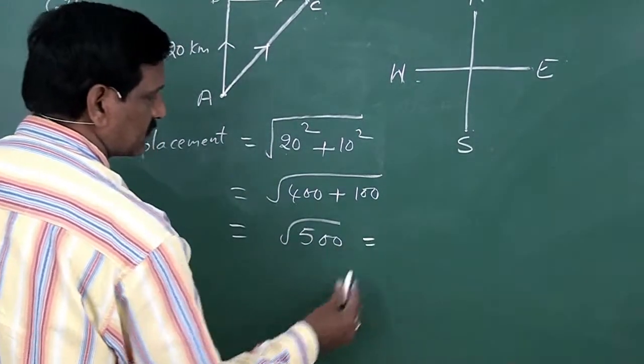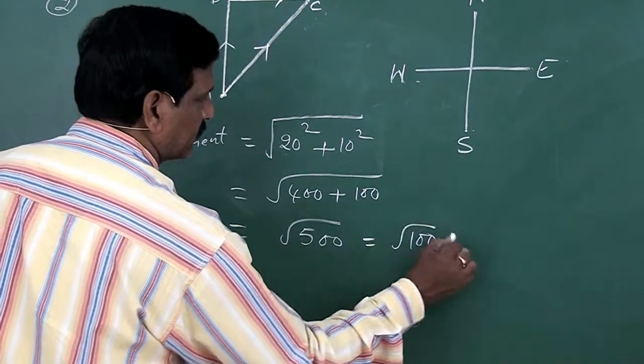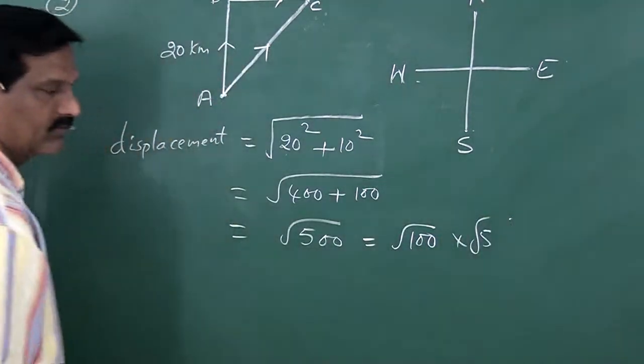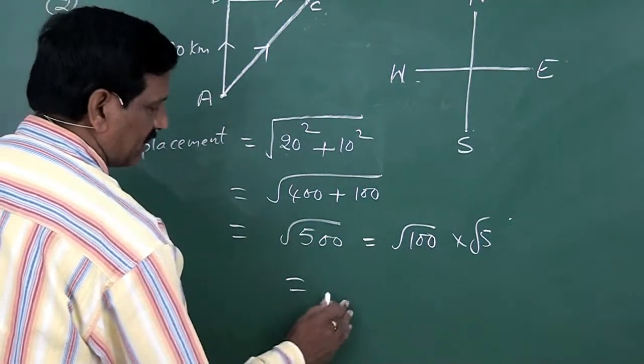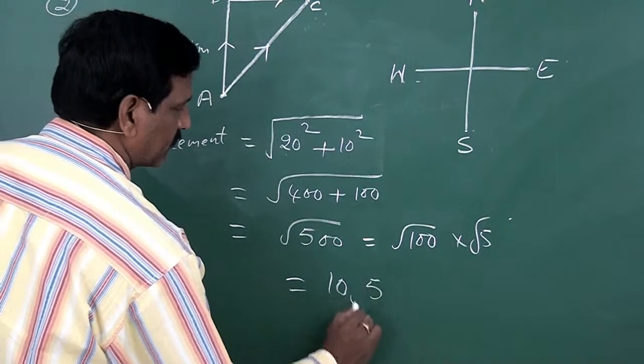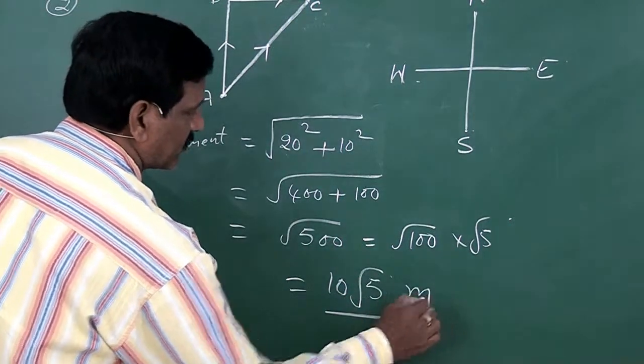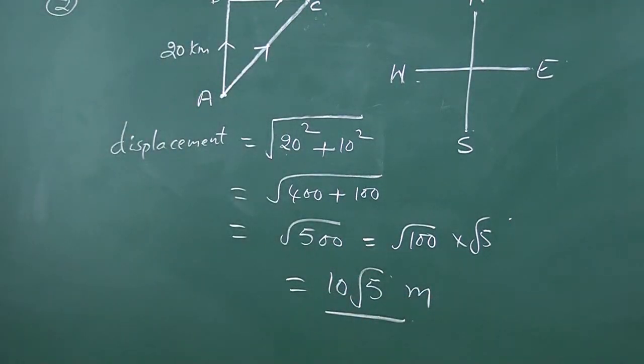Root 500 means root 100 into root 5, and root 100 means 10, so 10 root 5 meter, that is the unit of displacement.